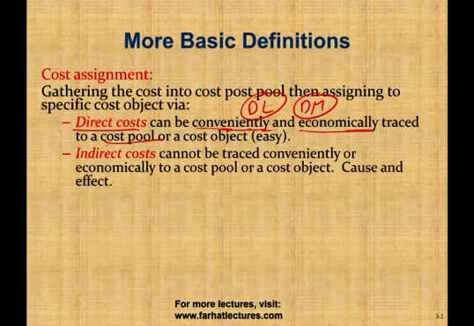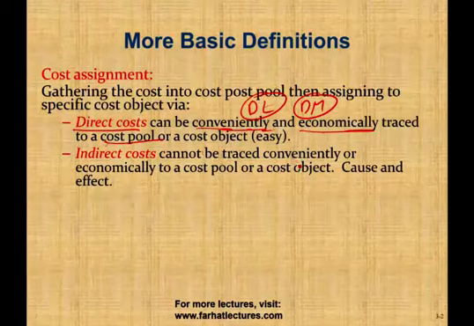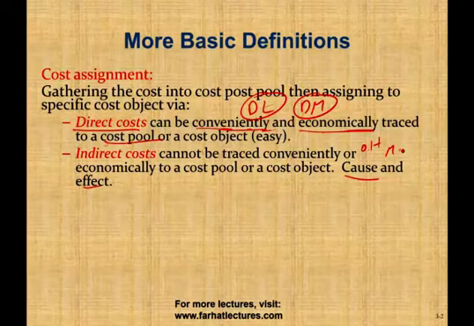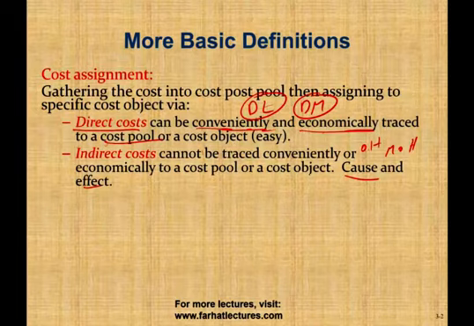And we have indirect cost that cannot be easily traced to a cost pool or object. So we'll try to find some cause and effect. Here we're going to see later, it's overhead or MOH, manufacturing overhead. Those costs, again, we'll define later. Just know that there are direct costs and indirect costs, and indirect costs cannot be easily traced to the product.